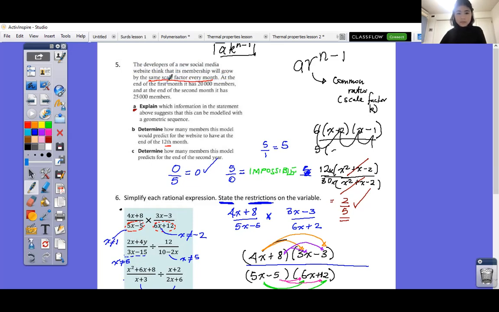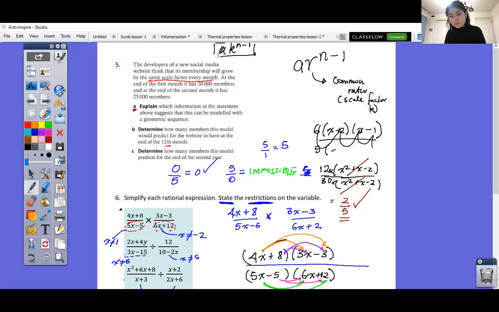So at the end of the first month, it has 20,000. At the end of the second month, it has 25,000 members. So how did you work out what the A should be? I'm not saying you're wrong, just trying to explain it to me so I understand how you got there.